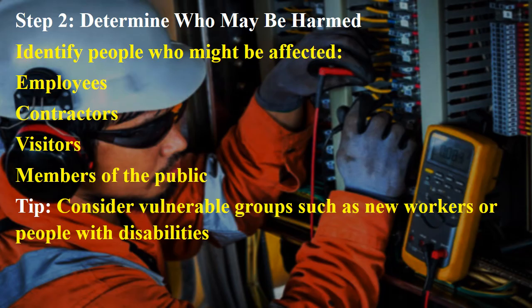Tip: consider vulnerable groups such as new workers or people with disabilities first. Once you identify the hazard, the first thing is to make sure the new workers are aware. Whoever the new worker coming into the organization does not know where the hazards are, so we have to let them know.